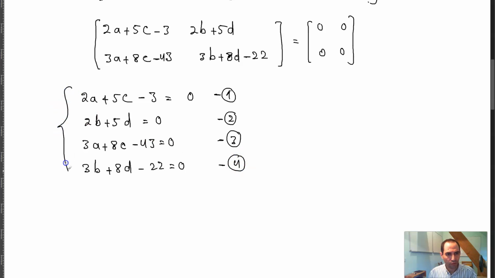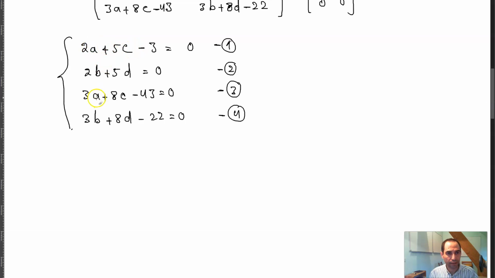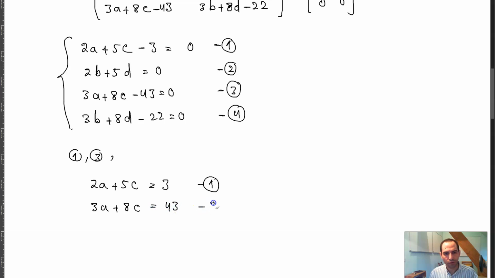Now, these equations I have: a and c, I can take these two equations, for example 1 and 3. So I have 2a plus 5c is equal to 3, number 1, and 3a plus 8c is equal to 43, equation number 3.